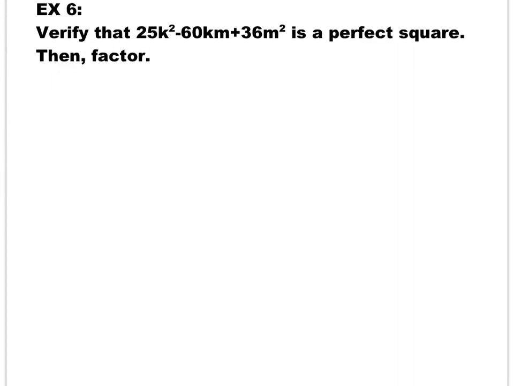The next example is almost the same as the previous one, but now you have two variables, k and m. First, we have to show that this is a perfect square and then try to factor it. Now, to show that this is a perfect square, I'm going to write the first term as 5k squared, the last term as 6m squared.